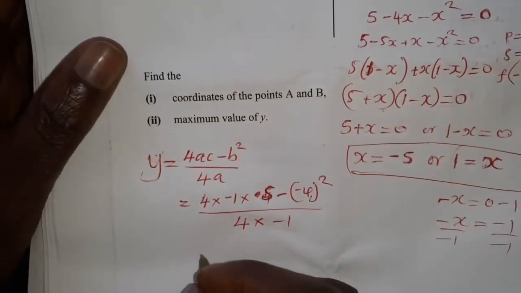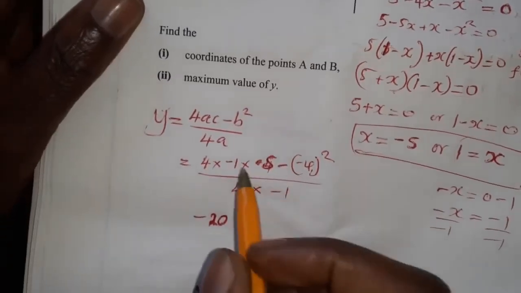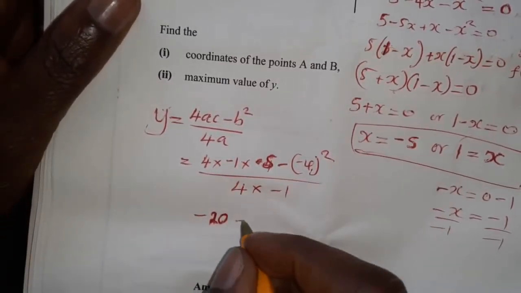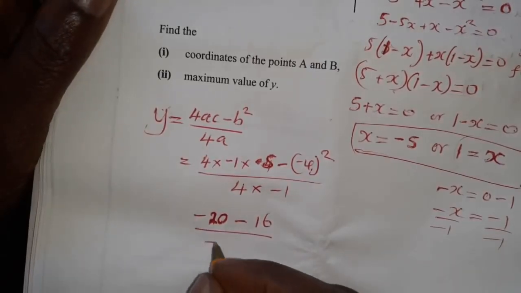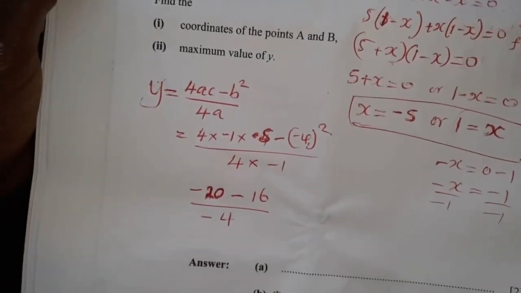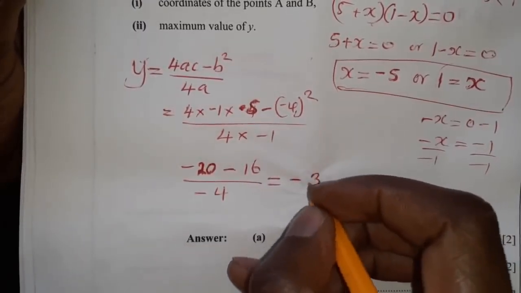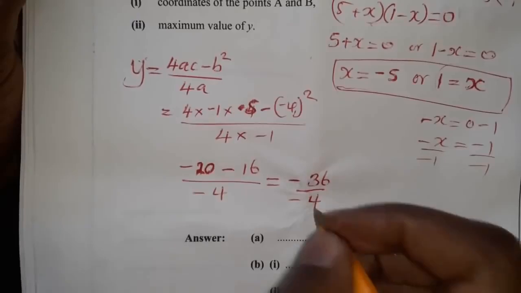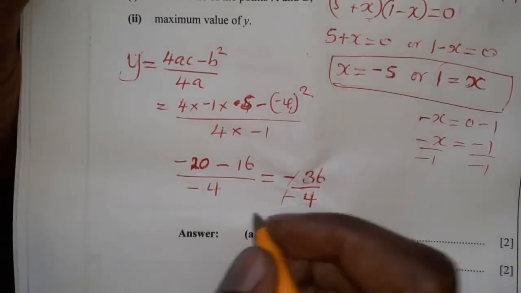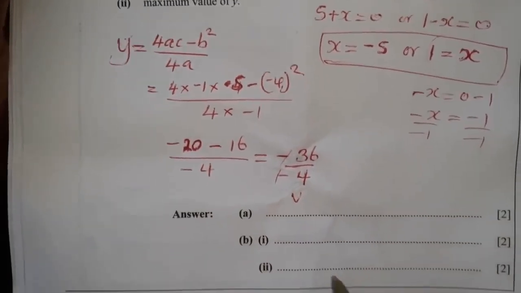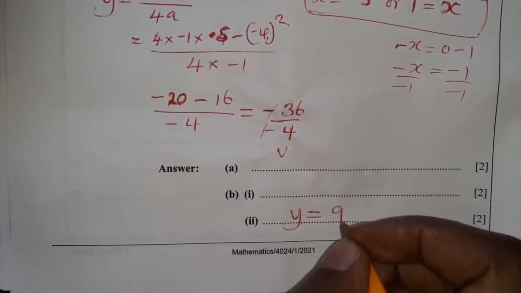So this is going to give us -20 when you multiply these ones here, minus 16 over -4. So this is going to give us -36 over -4. Negative and negative, then here this is going to give us y is equal to 9.